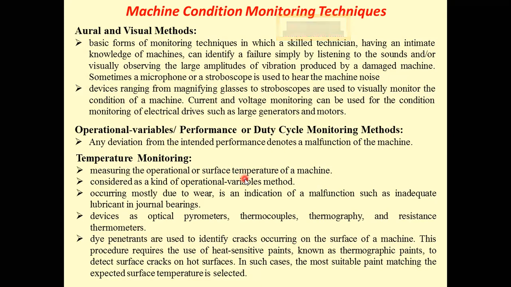In the temperature monitoring technique, it involves measuring the operational or surface temperature of a machine. This temperature monitoring method can be considered a kind of operational variable method. So temperature is one kind of operational variable. There are a number of operational variables, and this is one type.